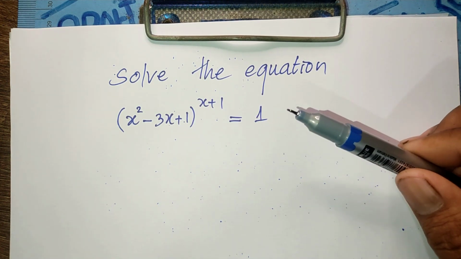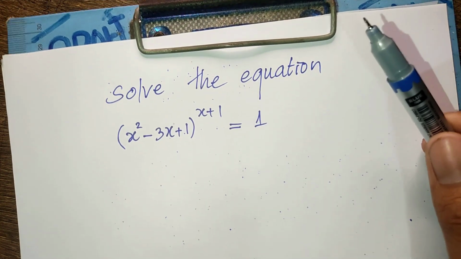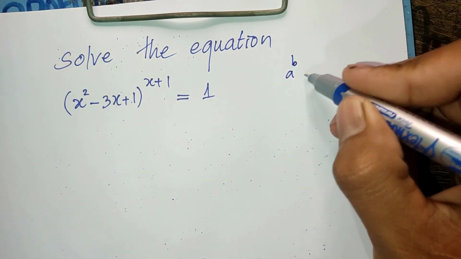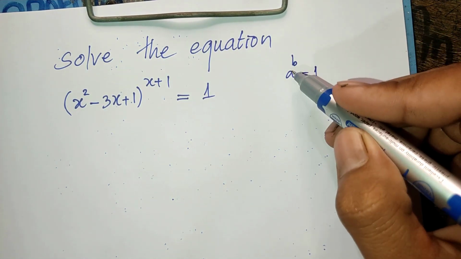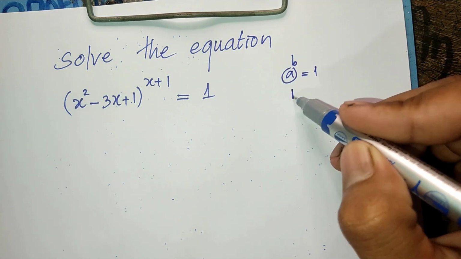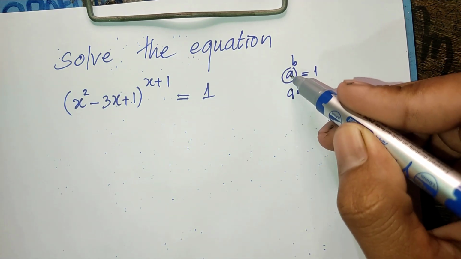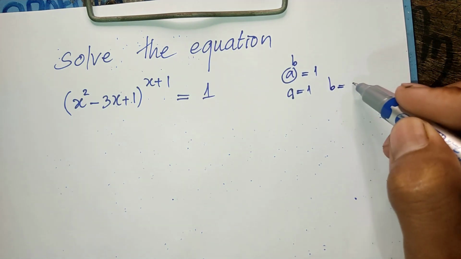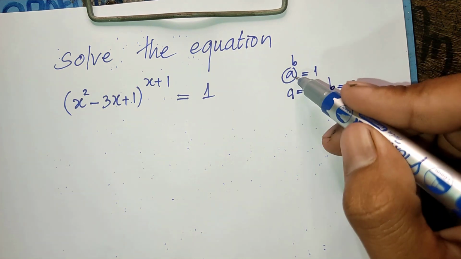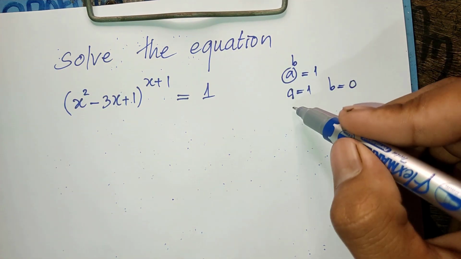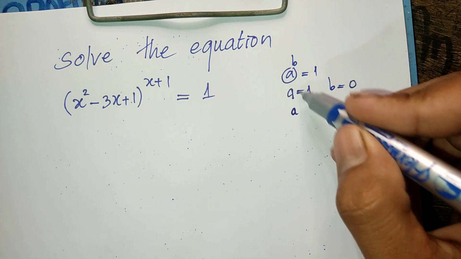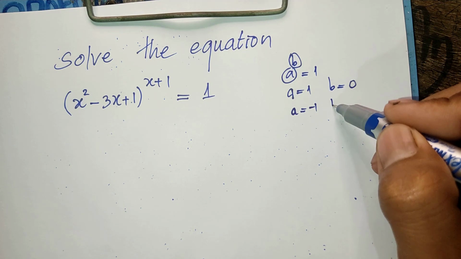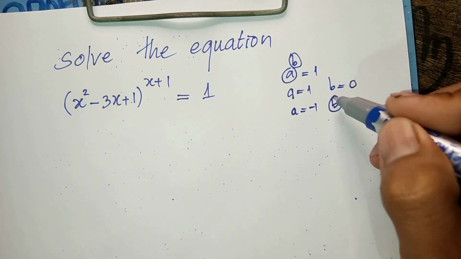Okay, now we go to the solution together. To solve this equation, we must use this: if we have a to the power b equal to 1, then a can be equal to 1, and b can also be equal to 0, and if a is equal to minus 1, then b is a real number.